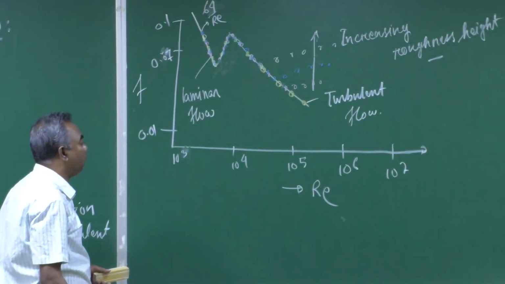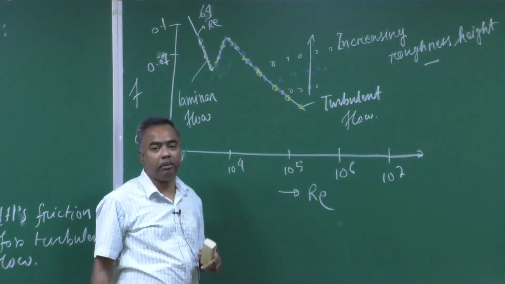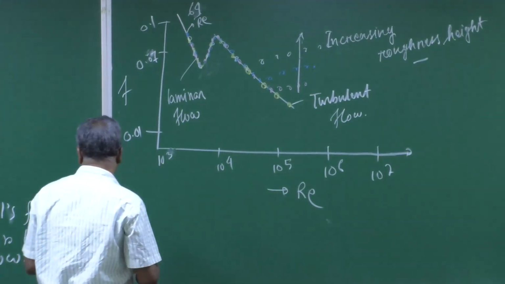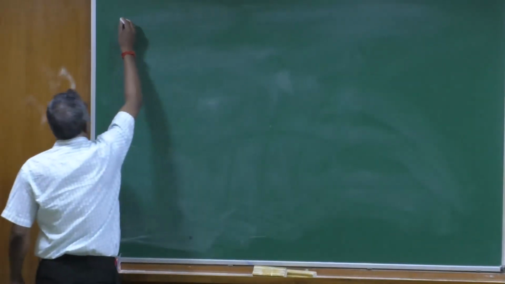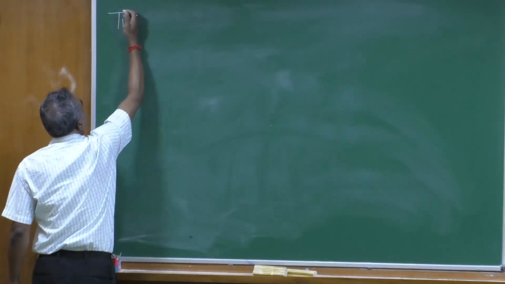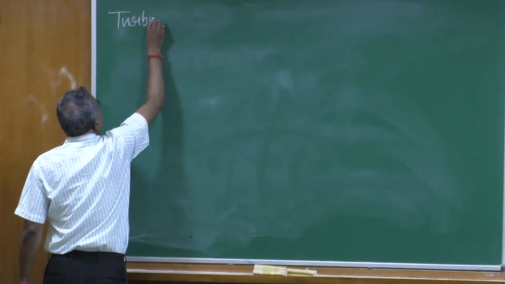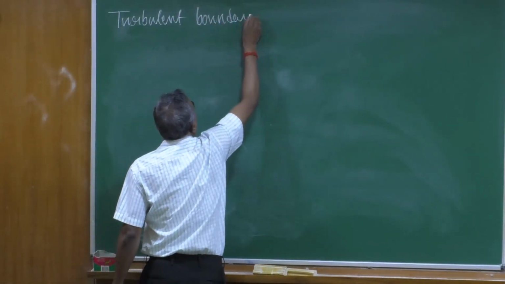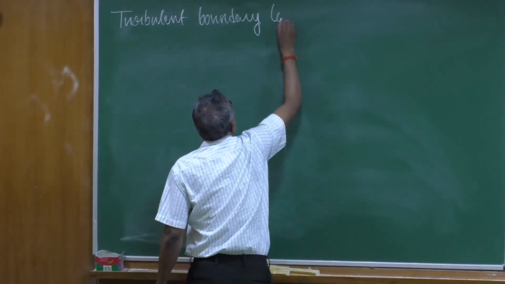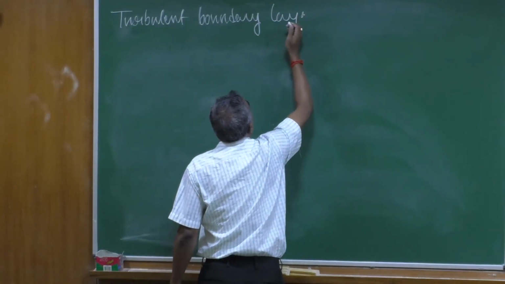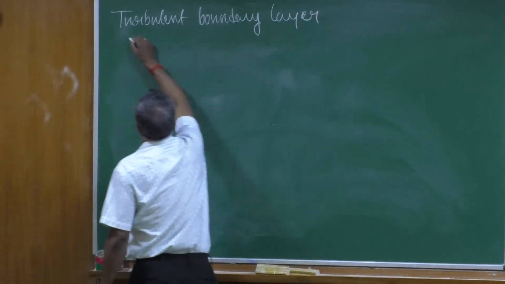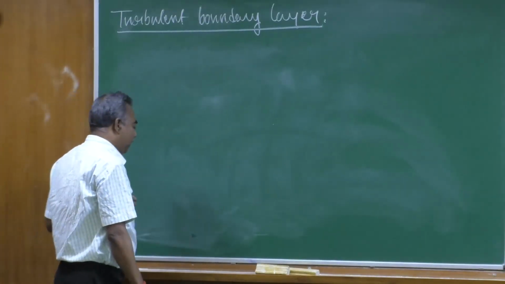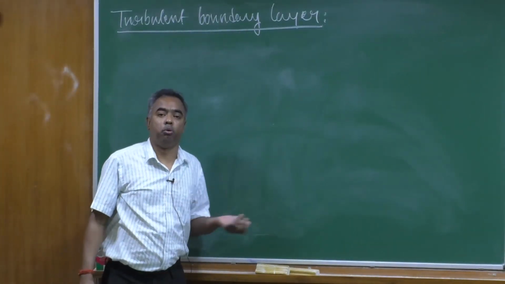Now, we do not want to proceed further with the discussion on pipe flow. We are now going to talk about the boundary layer, turbulent boundary layer flows. Okay. So, the simplest boundary layer we can think of is flow over a flat plate.